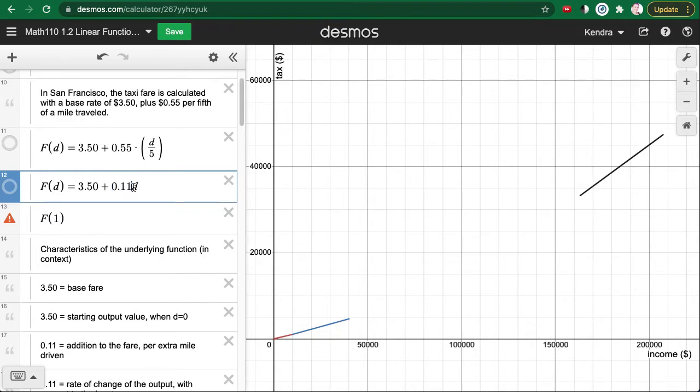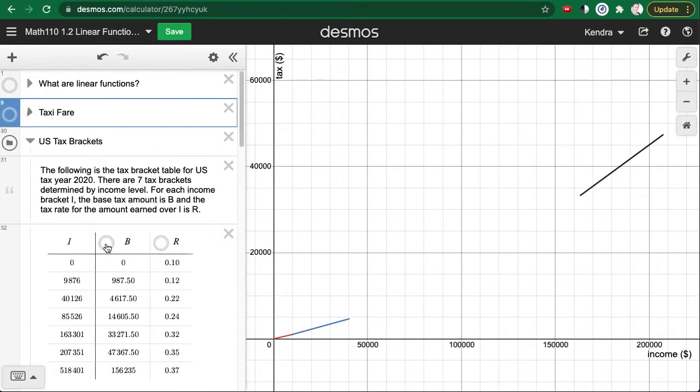And the d is how far you've driven, which is basically how far you've gone in the starting function. And I want to actually put in, this is d minus 0. That is how far you've gone since your starting position, which was 0 miles. Okay, so we're doing really the same thing here.